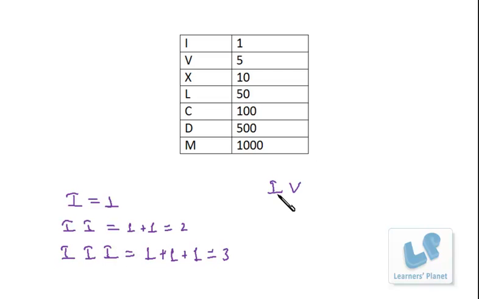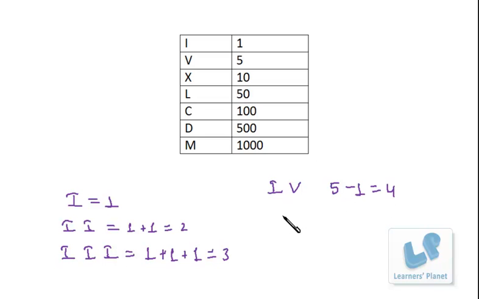Now if we write the symbol with smaller value at the left side of the symbol with the greater value, then it is represented as the difference. So V is 5 and I is 1, so it's 5 minus 1, 4.